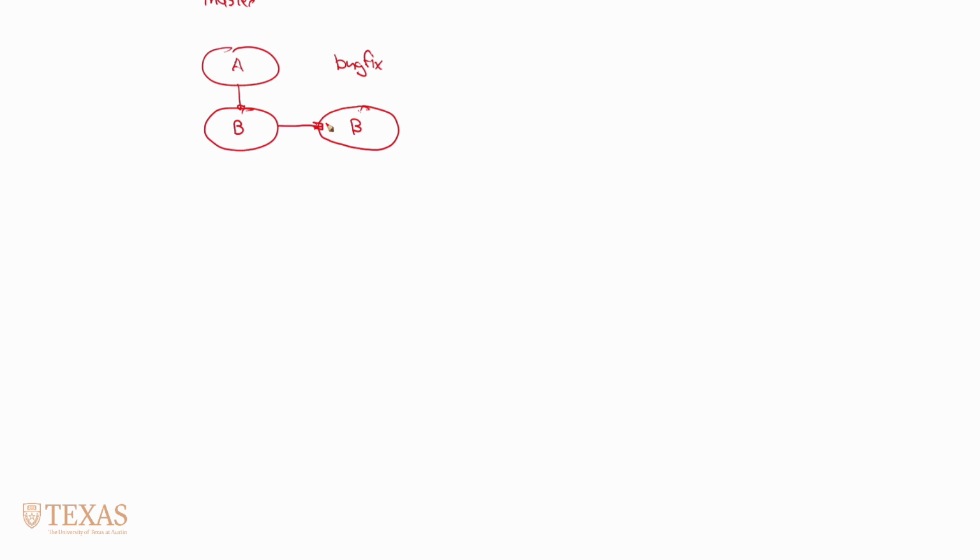At the moment we create the branch, it'll be an exact copy of B in this example, and then that'll allow us to make additional changes, could be C. And once these changes have been tested thoroughly, then we can push them back to the master branch here, and that operation is called a merge.